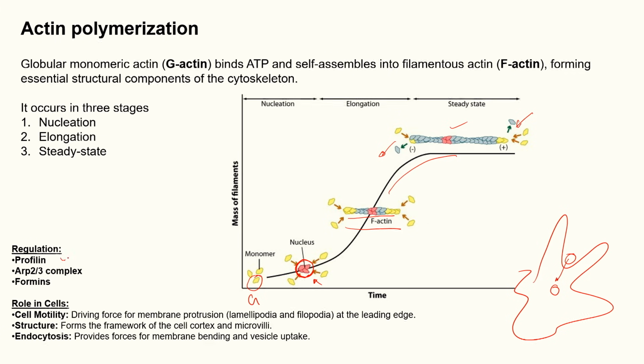So one is profilin, which is again a very important protein responsible for ATP binding and stuff like that. Then we have the ARP2/3 complex, and then formins. So these are the 3 proteins which are regulating this process, but ultimately the polymerization can do a lot of functions in the cell which are listed here. They can be involved in cell motility, cell structure or endocytosis, which I told you with the example of the antigen presenting cell. This is in a nutshell about actin polymerization and why it is important in the case of T cell activation.